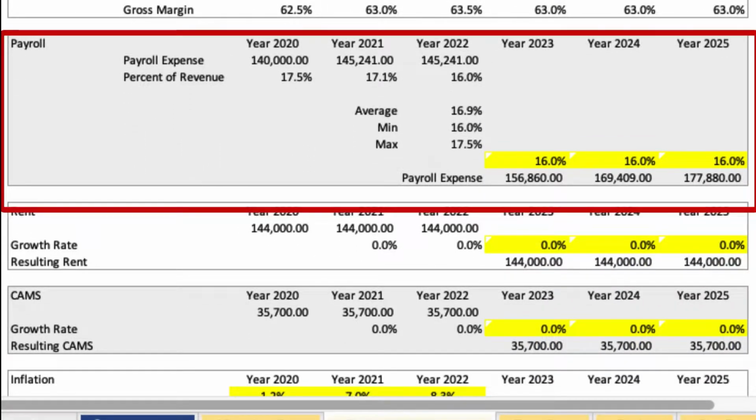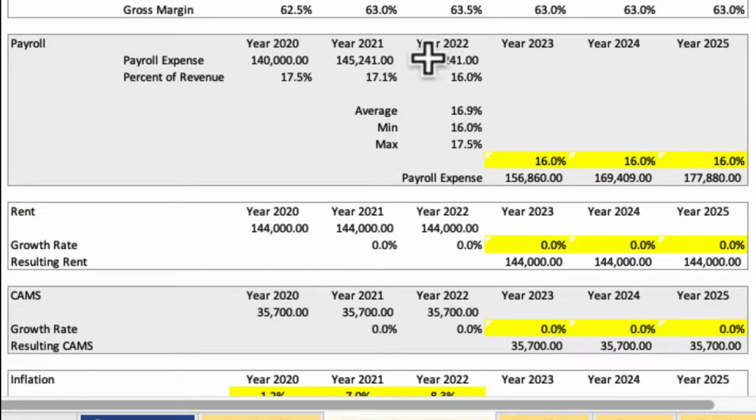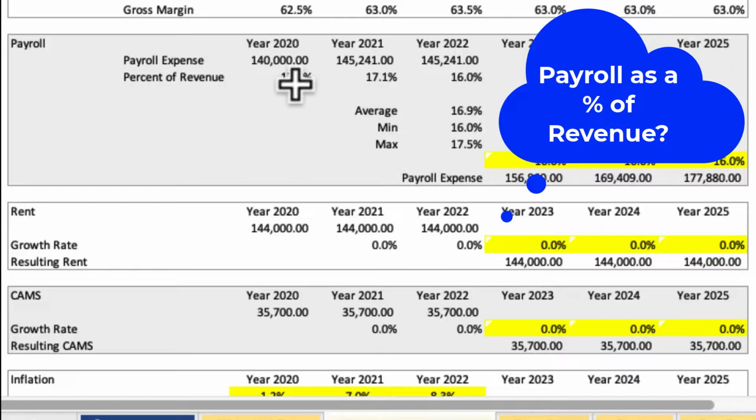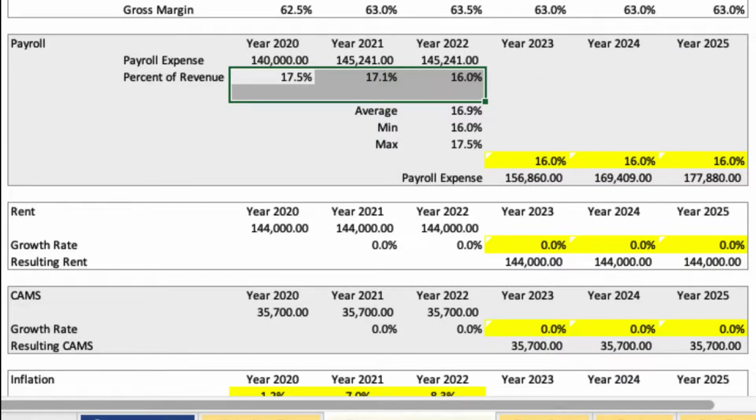So the next section is on payroll, and we've got payroll expense for the previous years and what percentage of revenue our payroll is. So you can see that in 2020 the payroll was 17.5% of revenue, and then 17.1% in the next year, and 16% in the year after that.